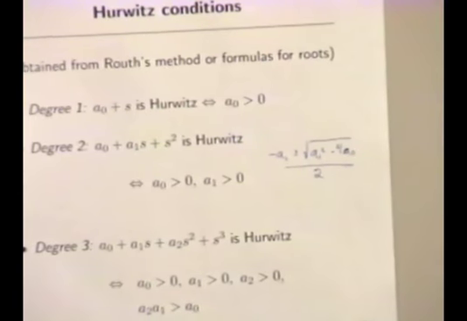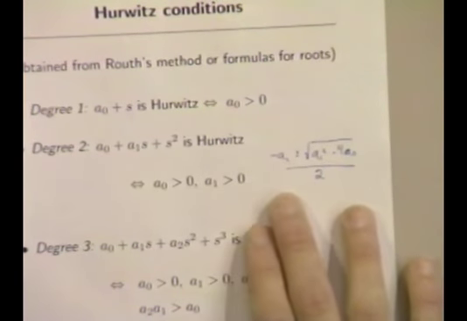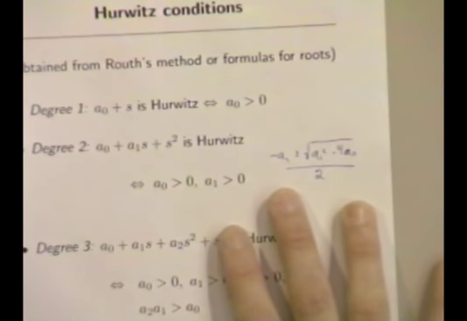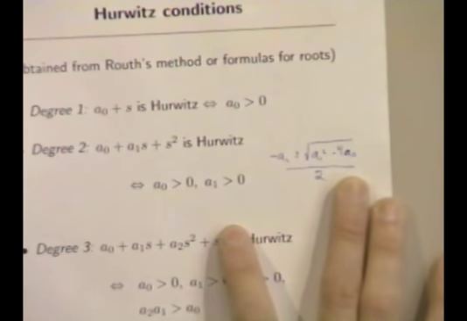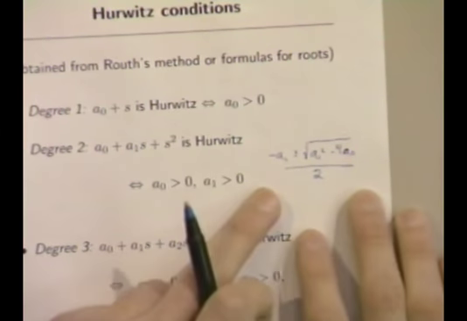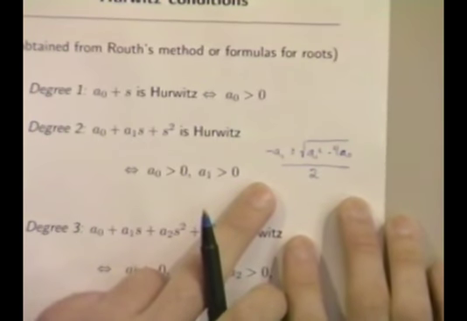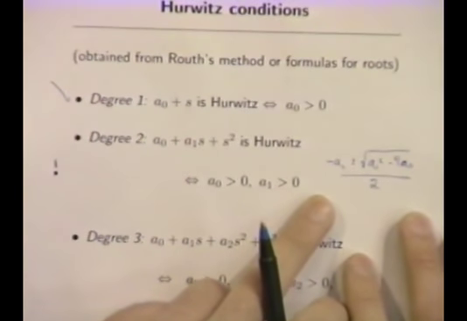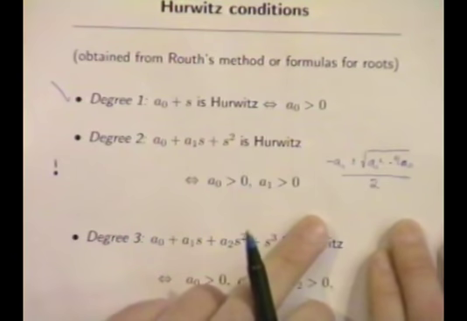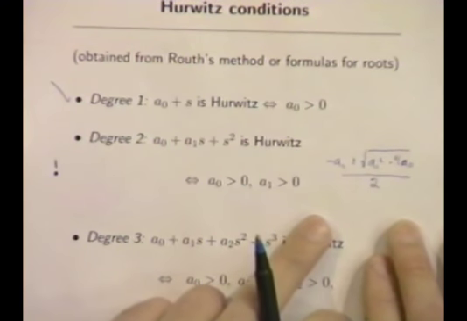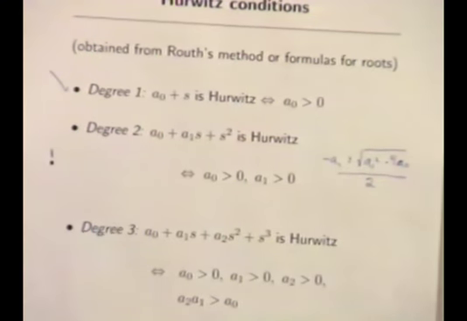If you reason it out, you find that if and only if a1 and a naught are positive, the real parts of both roots are negative. It's a simple exercise. It used to be a homework problem.